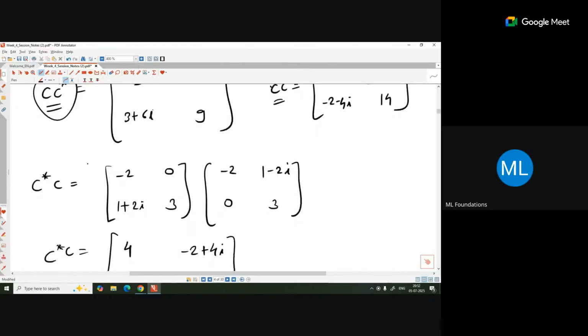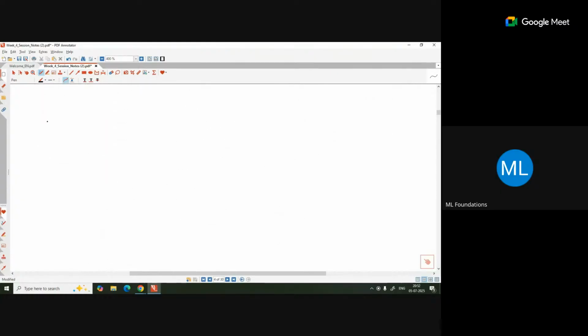Can you tell me once again all the values? So CC star is this matrix: 9, 3 minus 6i, 3 plus 6i, and 9.